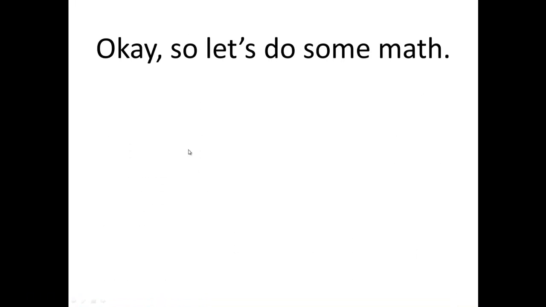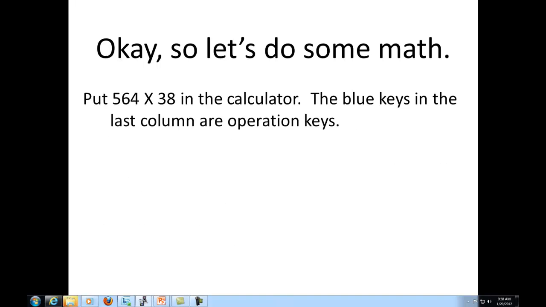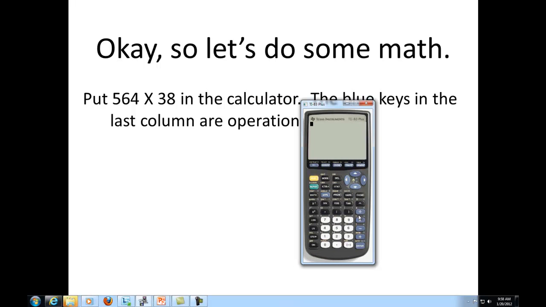Okay, so let's actually do some mathematical operations. You can see that the basic mathematical operations are all here along the right hand side of the calculator. This enter key down here is actually what you will do whenever you want the equal sign.